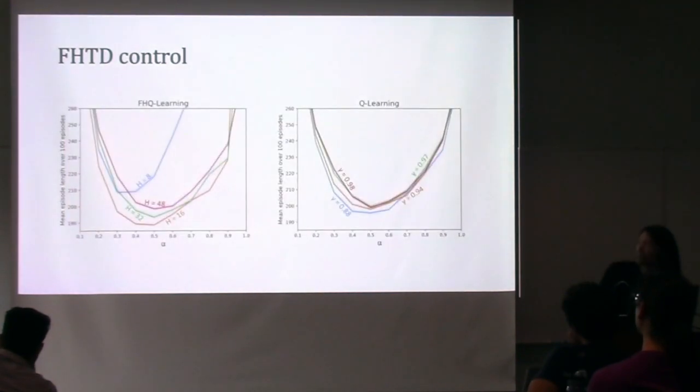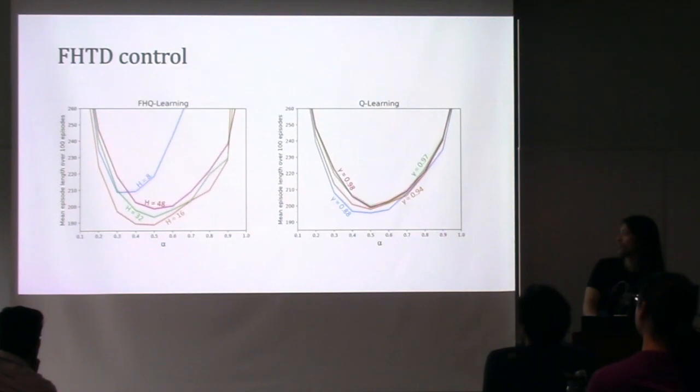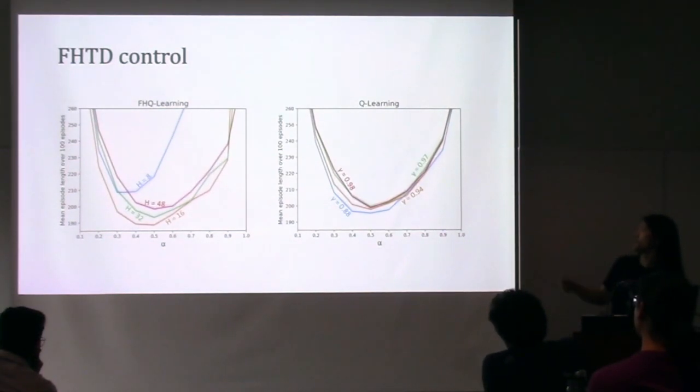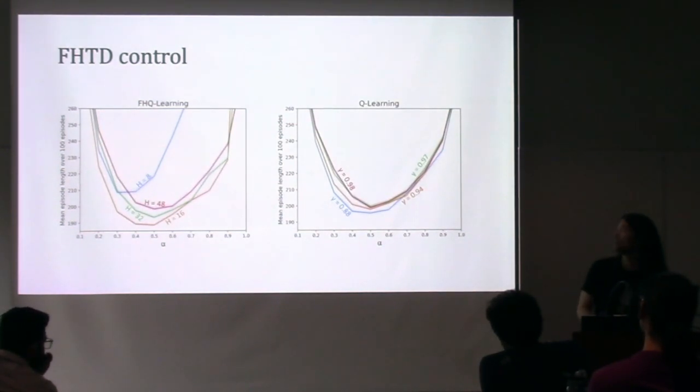And so the results look like this, where if we look at the finite horizon side, if the horizon's too short, it doesn't do very well because it can't even see the goal. But if it only predicts 16 steps into the future, it ends up doing better than if it were to predict farther than that. And if we look at the discounted setting, it seems that even though these were chosen to be similar to these finite horizons, it doesn't really have a tight connection to it, because even though in a random walk these have the same expected length as those finite horizons, it's still including about 30% of its mass beyond that horizon.